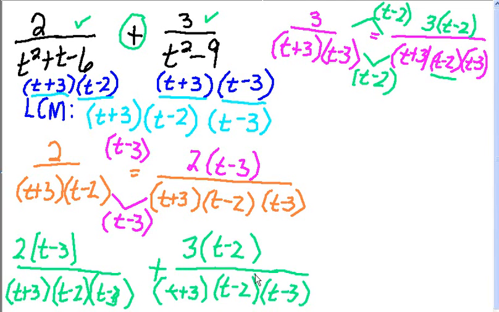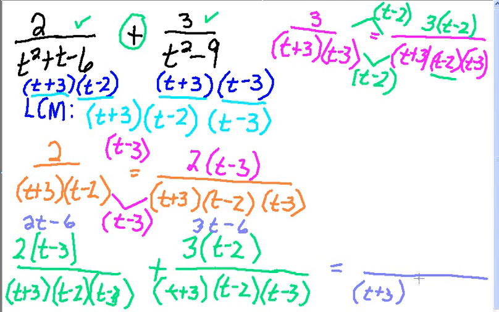Okay. Now notice, before I do the operation here, I can actually further expand this to 2t minus 6, and this is actually 3t minus 6. Okay. So now remember, whenever we add a fraction and we have a common denominator, we're going to keep our denominator. It's just going to stay exactly the same.